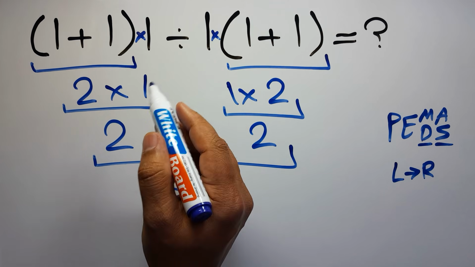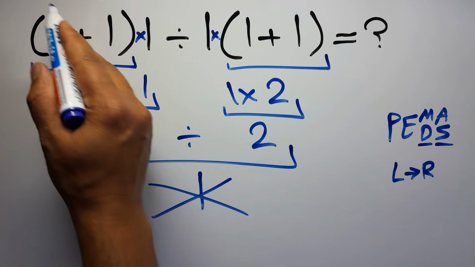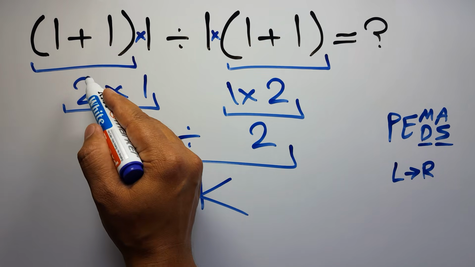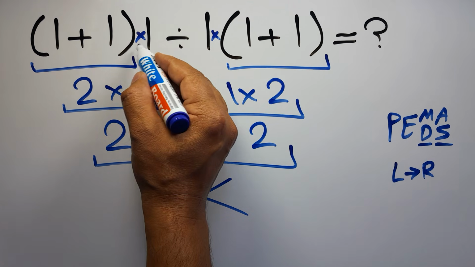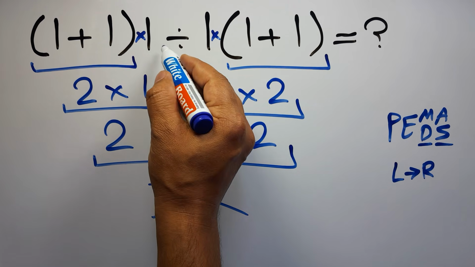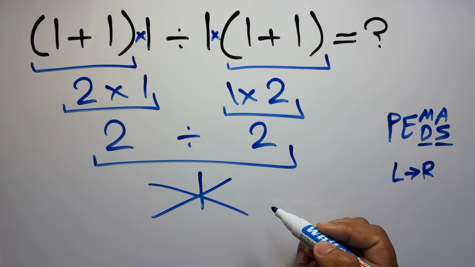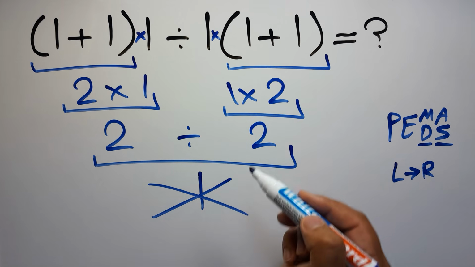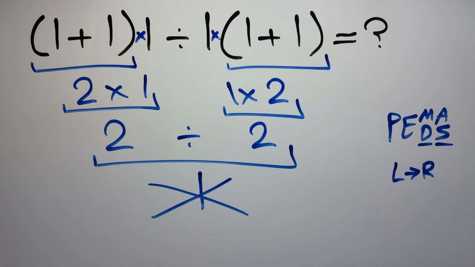Okay, so according to PEMDAS, first we have to do this parentheses, then this parentheses, then this multiplication, then this division, and finally this multiplication. Okay, if we do this multiplication before this division, it is wrong.